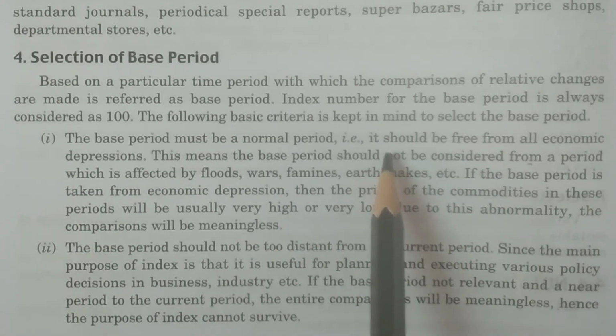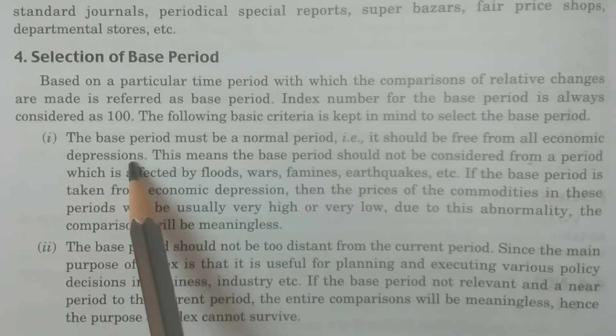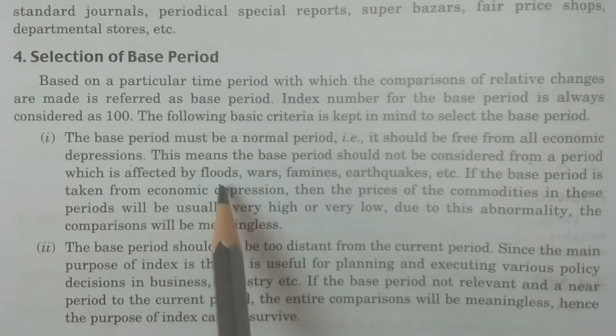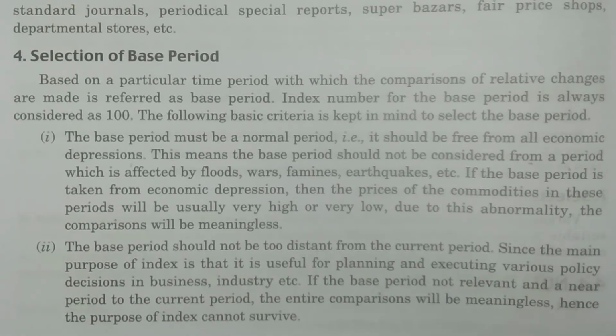You see here, that is, it should be free from all economic depressions. This means the base period should not be considered from a period which is affected by floods or wars, famines, earthquakes, etc. That is, prices of a particular year in which an earthquake took place, we should not consider. Which war took place, we should not consider.